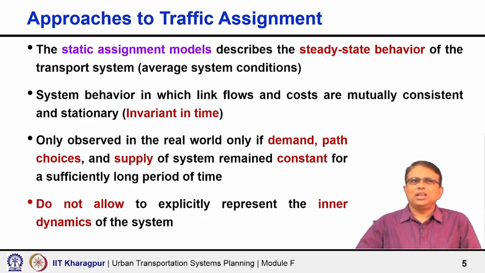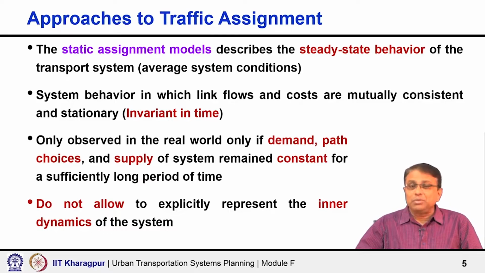During a period of time, substantial hours, the traffic is like this, then how traffic is likely to get distributed to different alternative paths or routes. That is the kind of understanding we are trying to give.